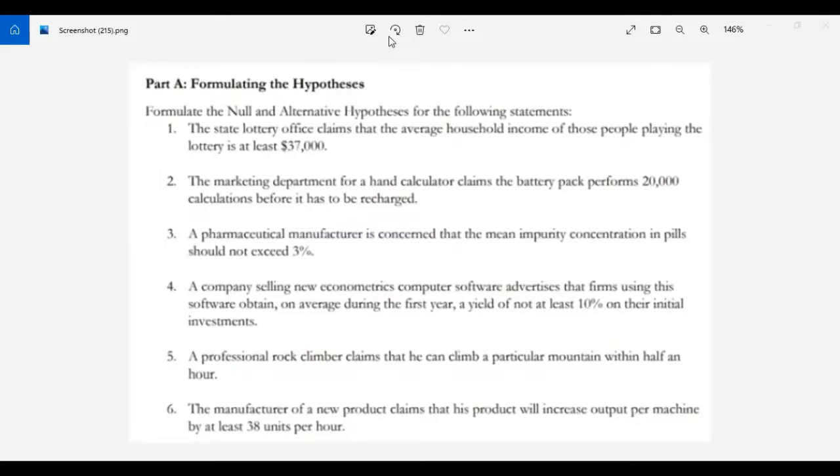So that means he hasn't done it, so it's less than. I'll choose less than or equal to an hour.